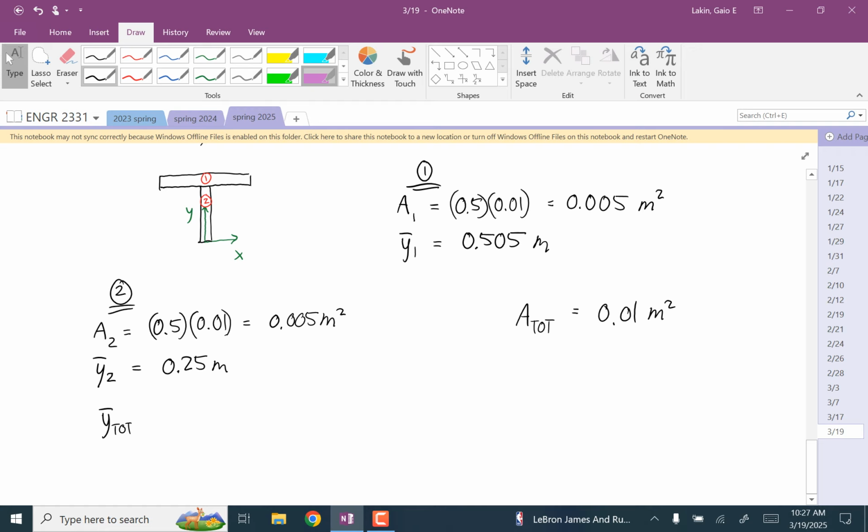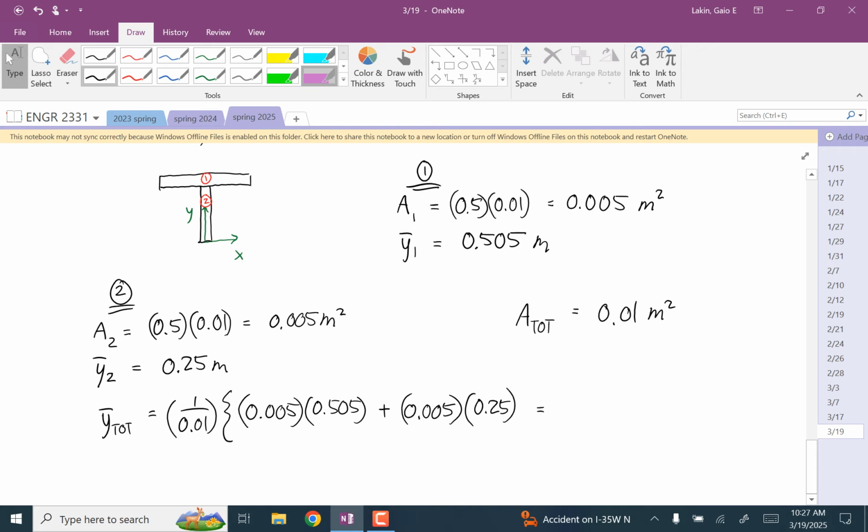So the total centroid is 1 over 0.01 times the quantity 0.005 times 0.505 plus 0.005 times 0.25, which is 0.3775 meters.